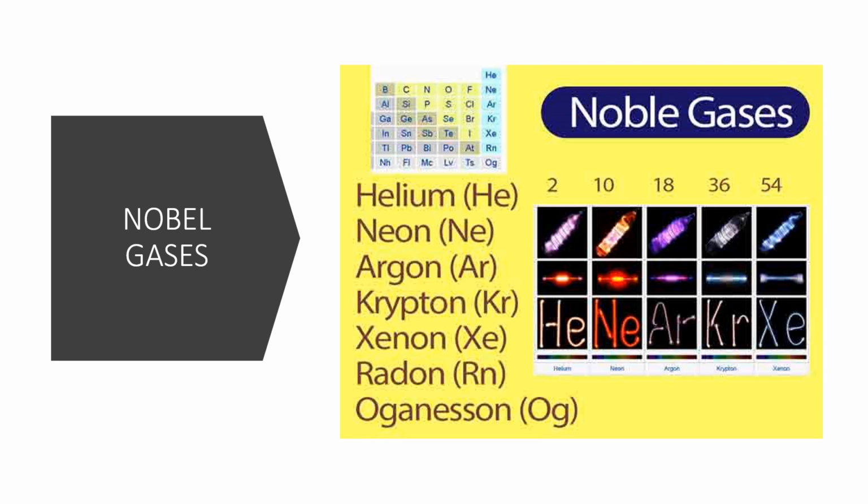Why? Because noble gases will not react with other atoms, because the outer shell is completely filled. Either they are in duplet or octet structure. That means in the outermost shell they have either 2 electrons or 8 electrons.